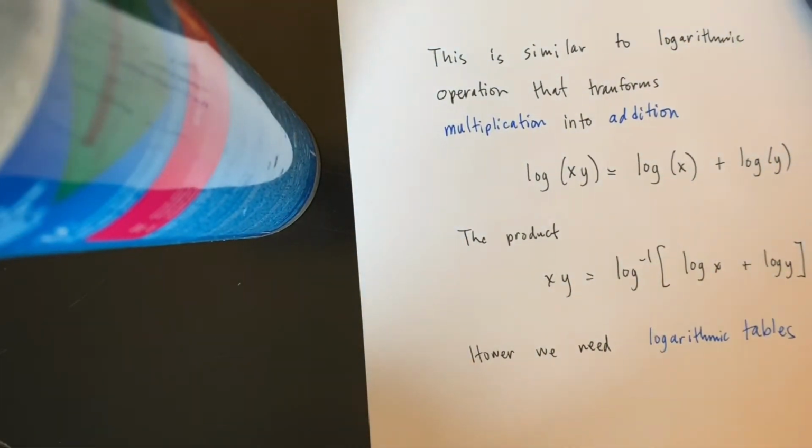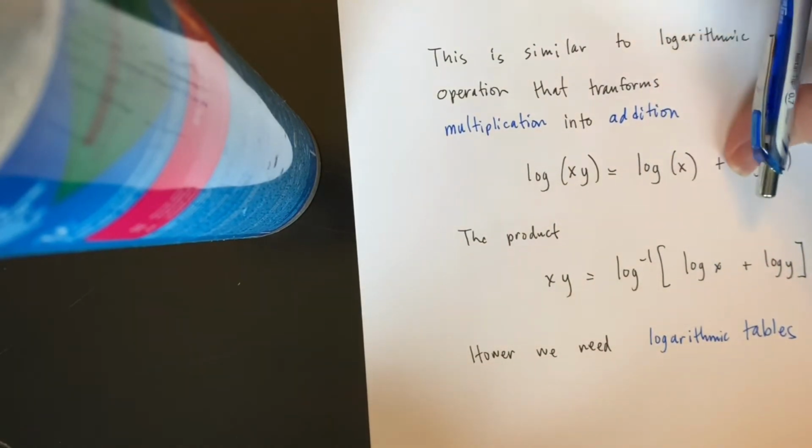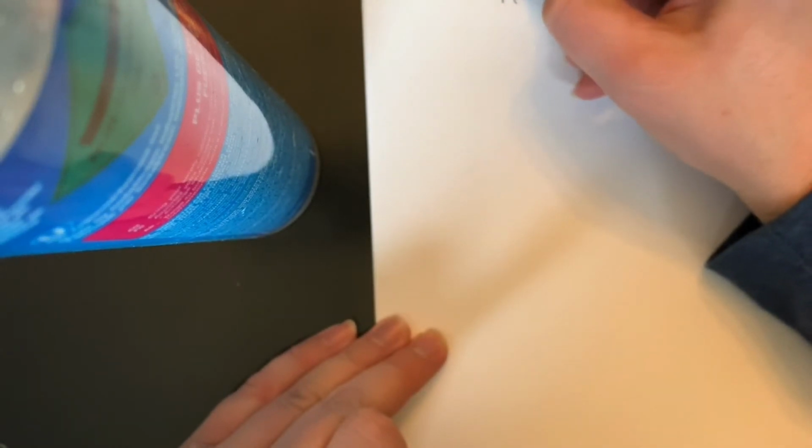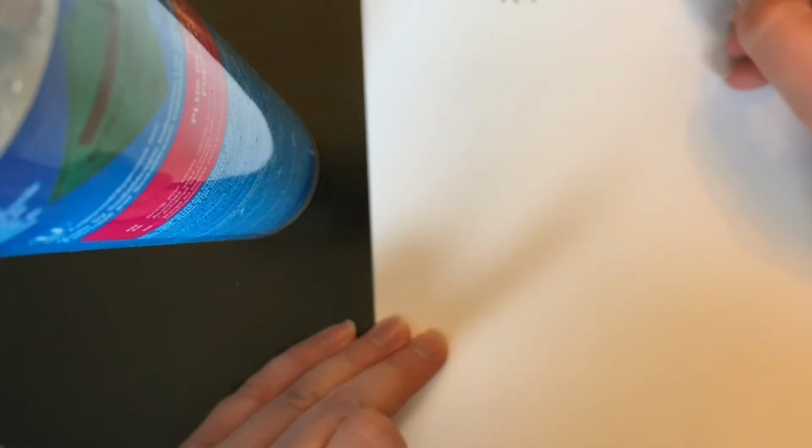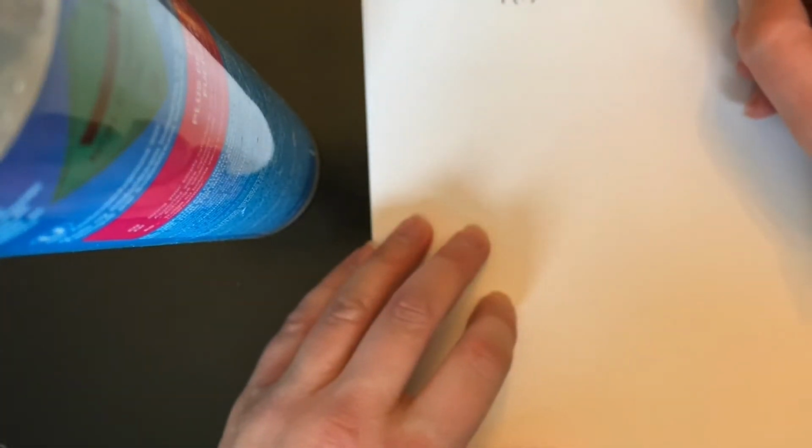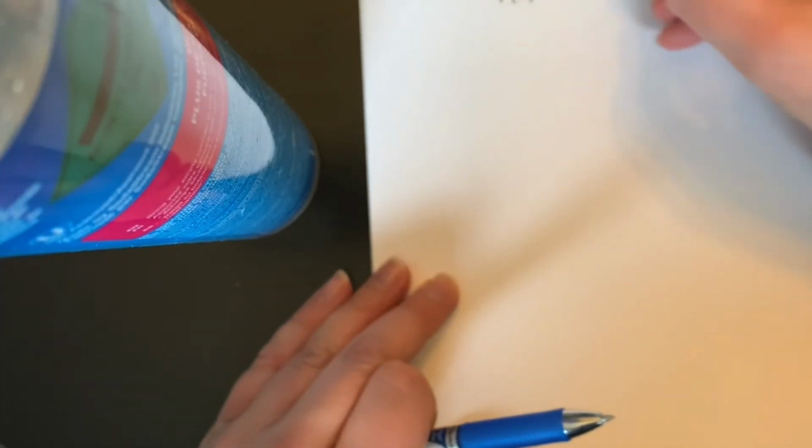So in this sense, the Laplace transform uses tables. Something like this. F of t on the left-hand side and F of s on the right-hand side.